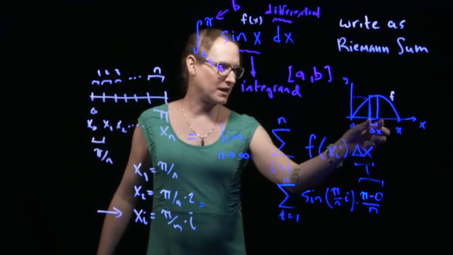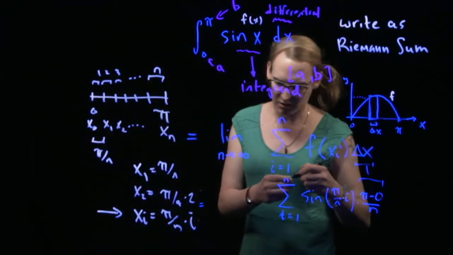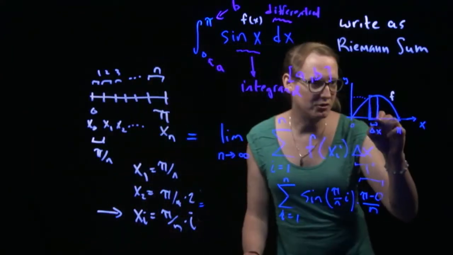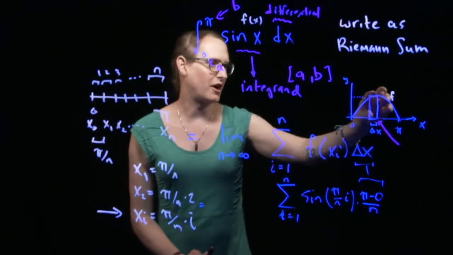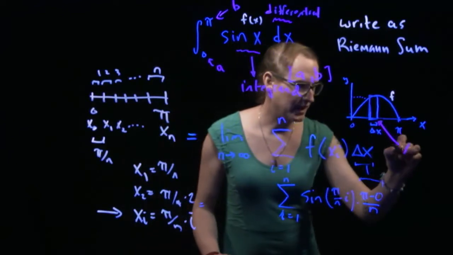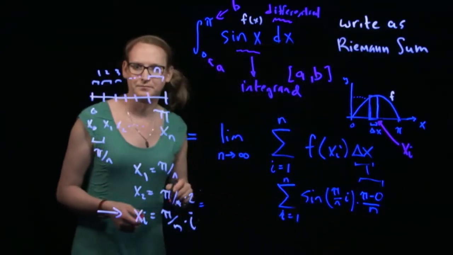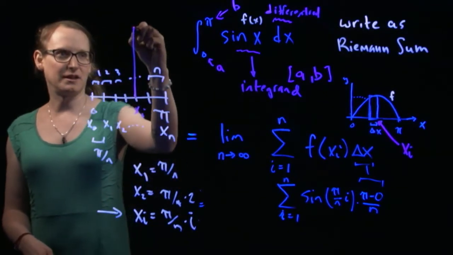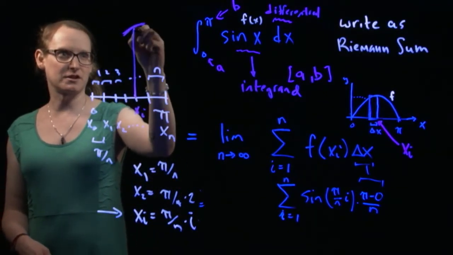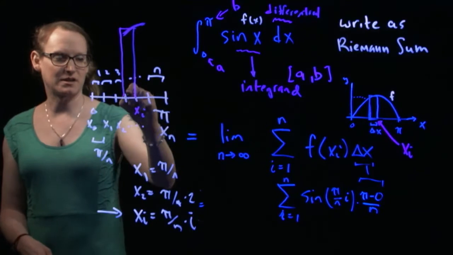The width of the rectangle is determined by that, where this value that we use to determine the height of the rectangle, see how the height matches the height of f right there? That's the value x sub i. So above x sub i lives the function doing whatever it's going to do, and then this defines a rectangle right there.